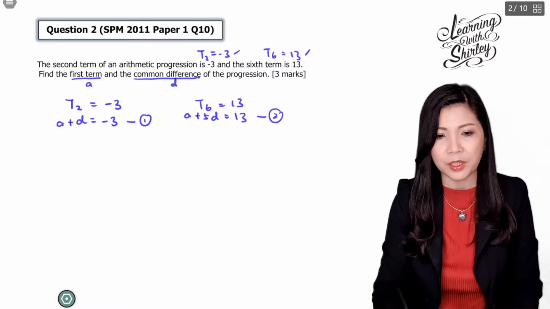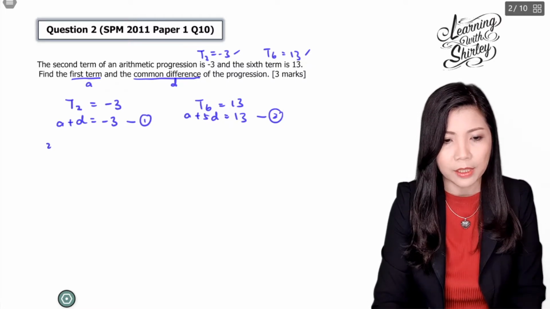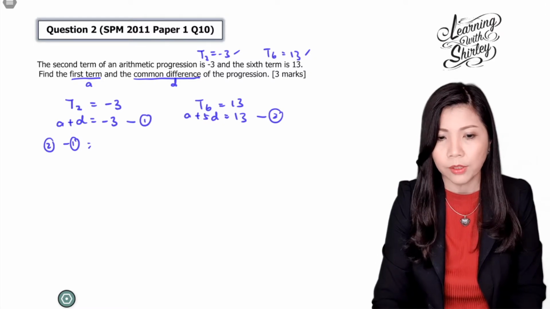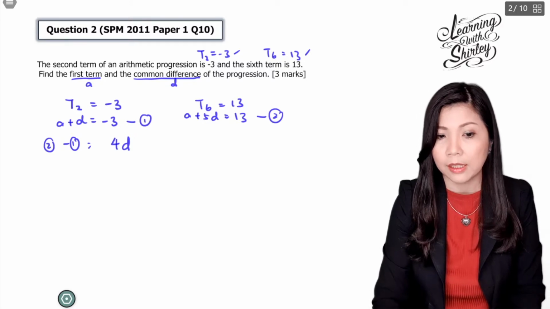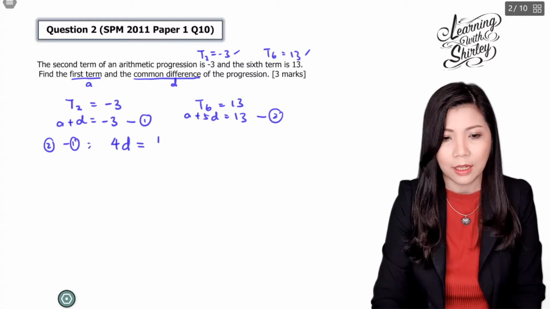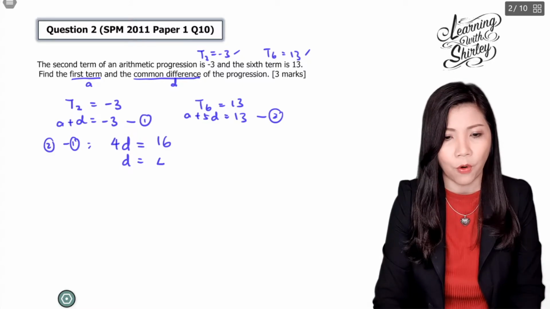So I'm going to use the elimination method for simultaneous equations. I'm going to use equation 2 minus equation 1. So A minus A, we get 0. 5D minus D, we get 4D. And then 13 minus -3, we get 16. So therefore, D is 16 divided by 4, which is 4.